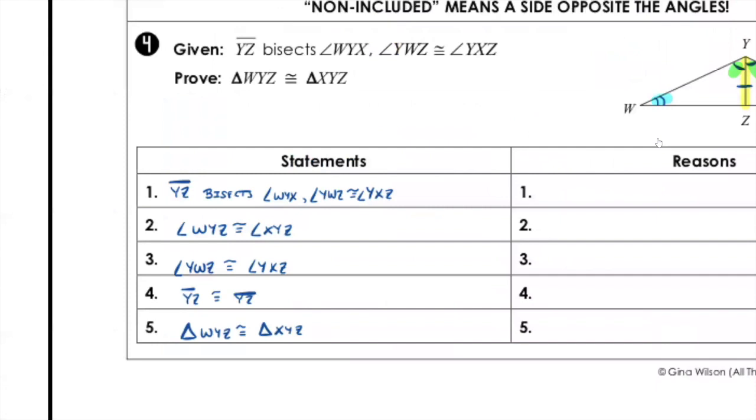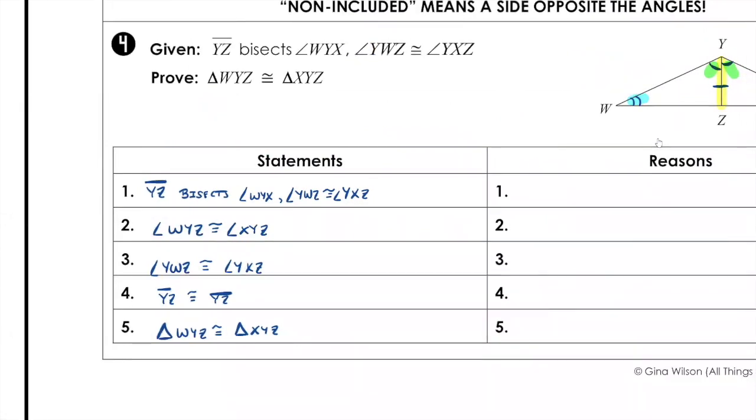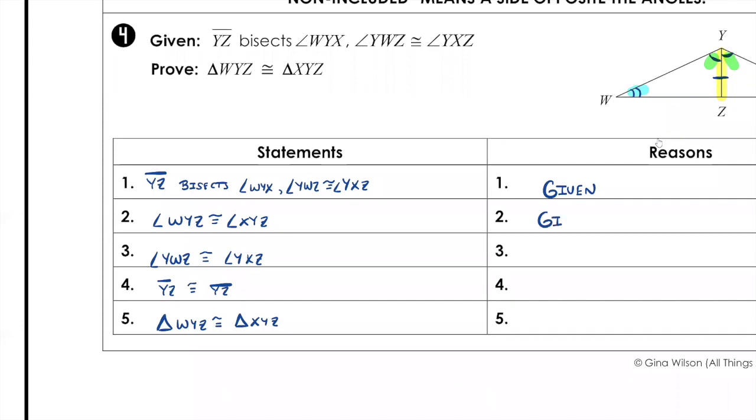All right. So how did we know that YZ bisected and that those 2 angles were congruent? Given. Oh, I put both of them on one line. That's all right. And our next one is also the given, right? Wait. No. What's the next one? Definition of angle bisector.